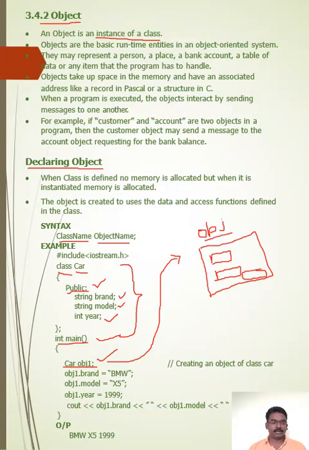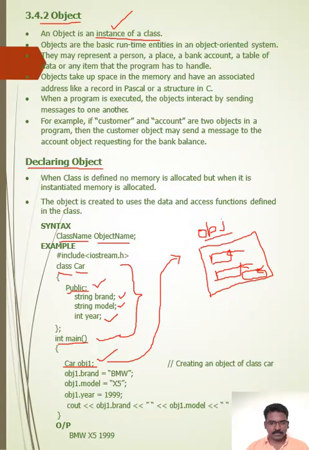Coming to the definition, what we have seen is that an object is an instance of a class. This object is an instance of the class, a copy of the class. Then we fill the data into these data member fields, and then it becomes the details of object1.